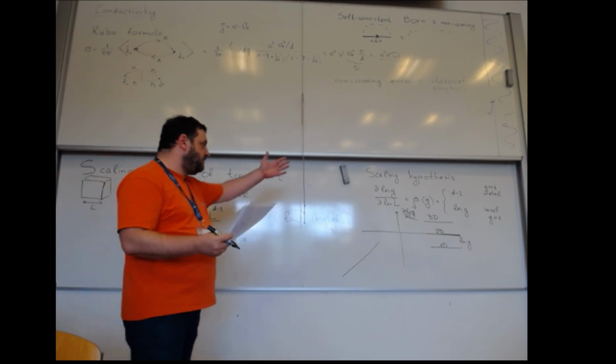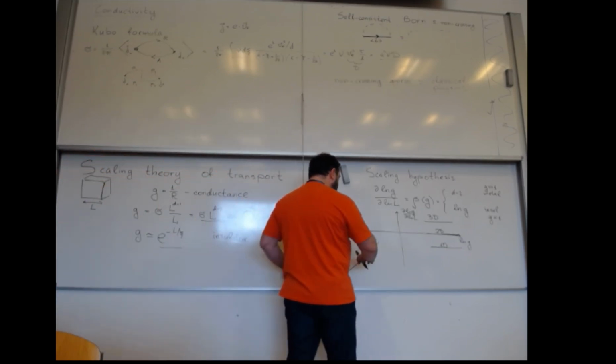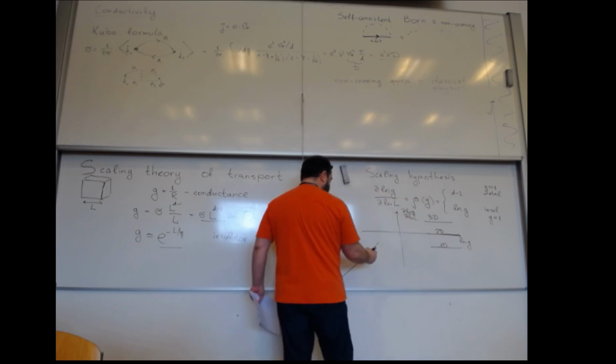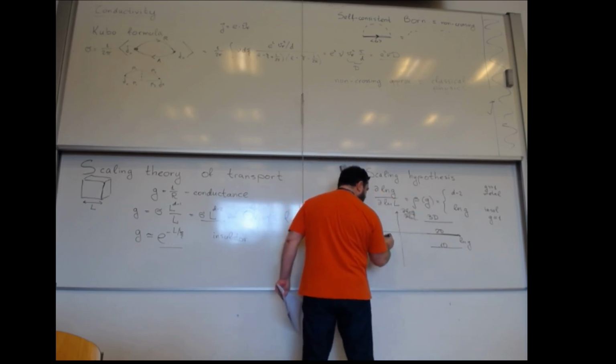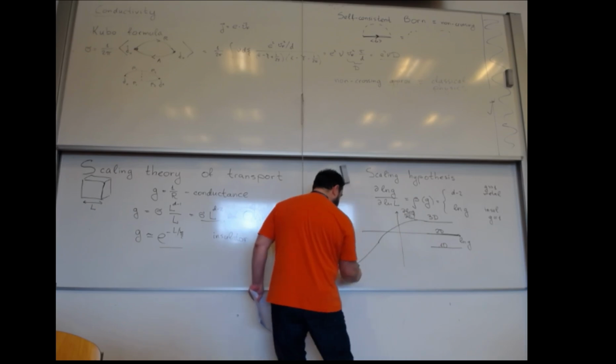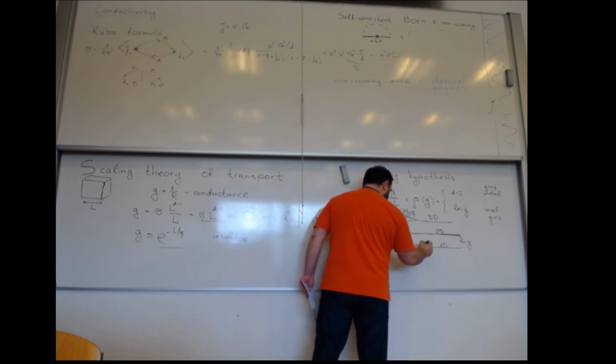And if the scaling hypothesis is correct, there should be one universal function beta of G that connects these two limits. So it should be something like this.